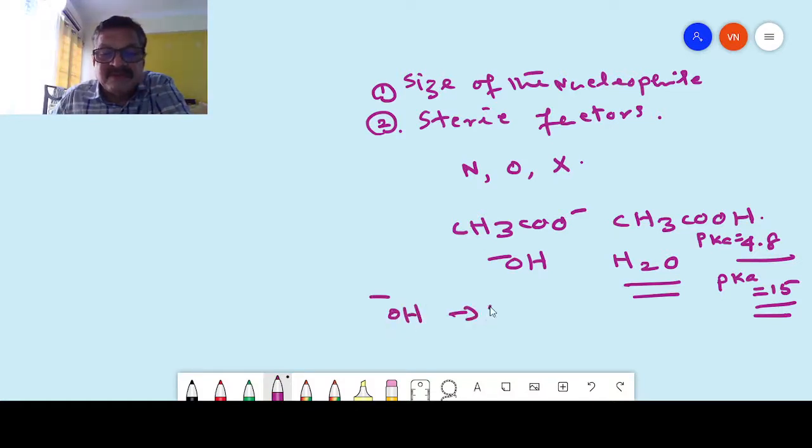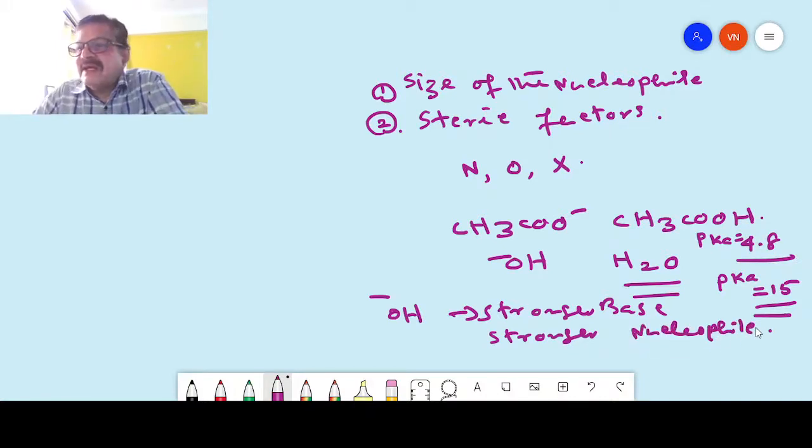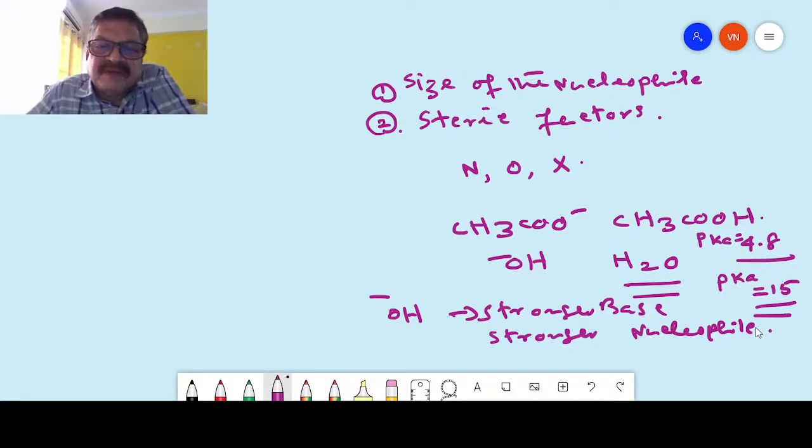It is a stronger base and stronger nucleophile. So this is the first principle. Now the second principle: a negatively charged nucleophile is always stronger than its conjugate acid.